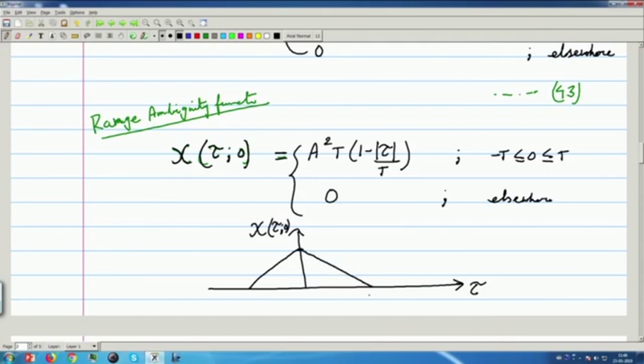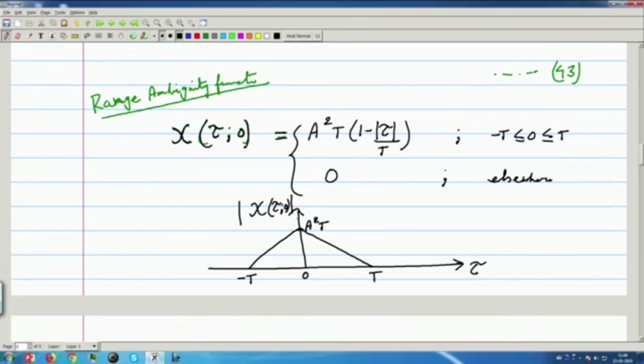If this is 0, this is t, this is minus t, and this peak is s square t, so it is a triangular function. We know that the matched filter output for a rectangular pulse comes out triangular, but here we are calling it the magnitude, so you should mention that it is the magnitude of that triangular function, a well known thing.